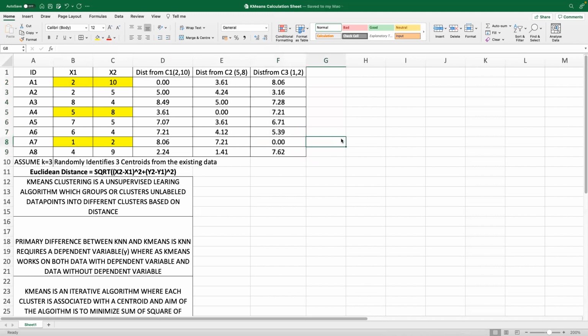So this is how we calculate the distance between the centroids and the observations. So Euclidean distance.